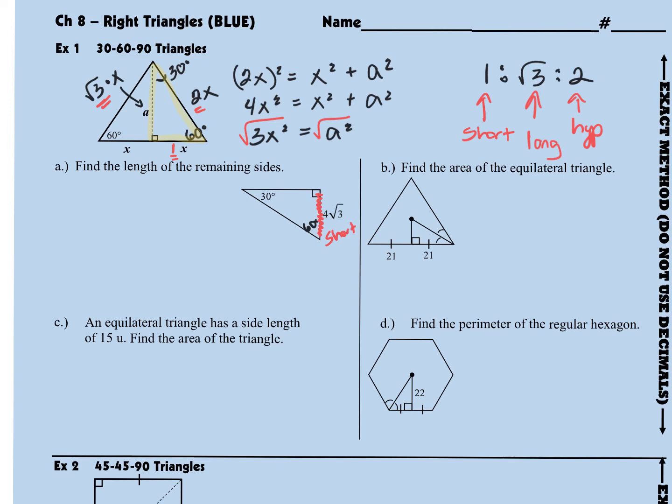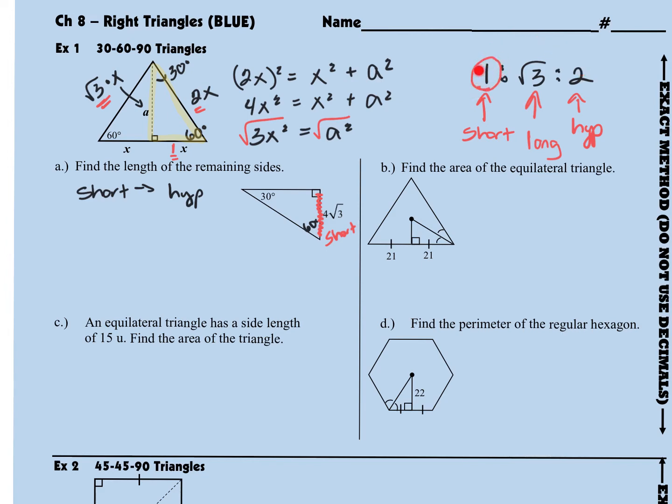Now, the short is the most important part of the entire extended ratio. Anytime you want to find something, you always need the short. So we have the short. If I have the short but I want to find, let's say, the hypotenuse, then I can look at my extended ratio and say I'm right here and I want to come over to the hypotenuse.